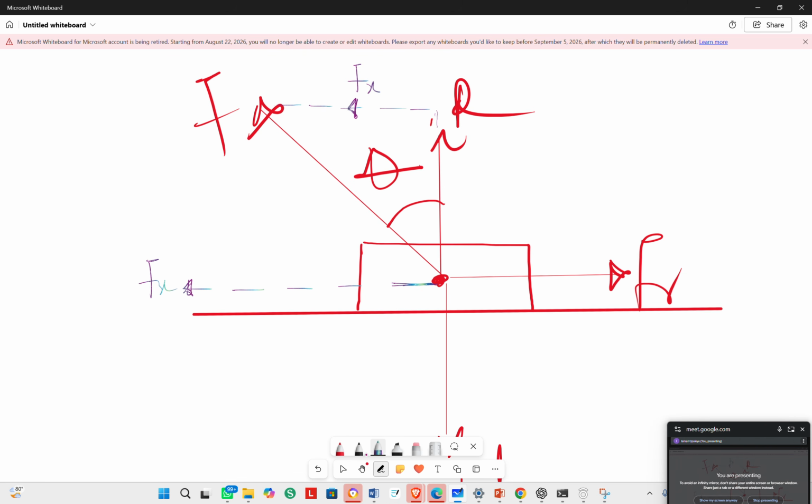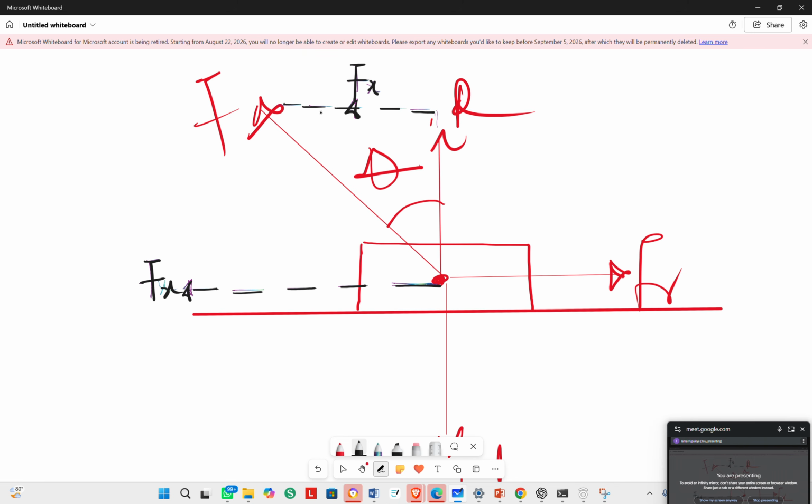Take a look at their direction again. You want to form a closed triangle here. If you represent this as F of X, it must be same as the F of X that you are having here.